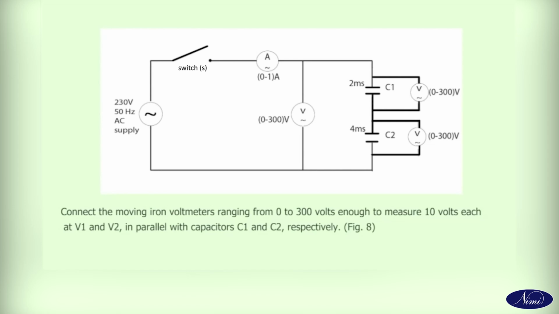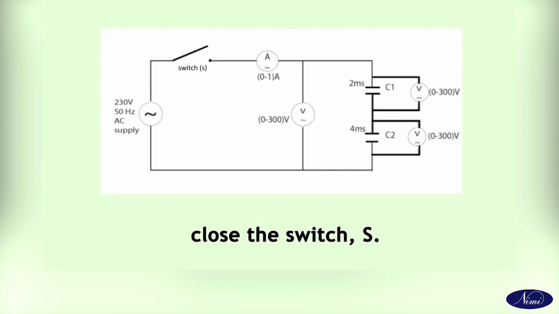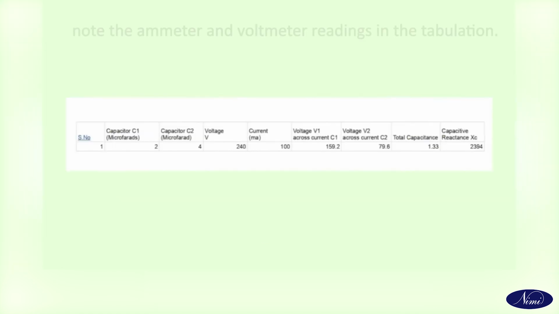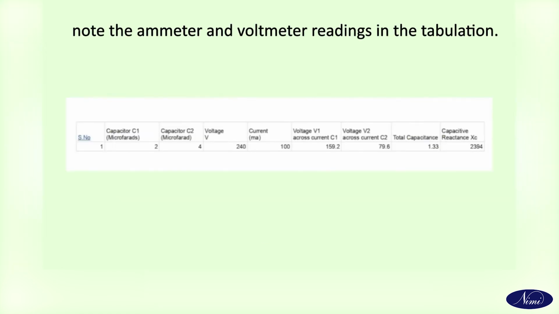Connect voltmeter V across the circuit and voltmeters V1 and V2 across the capacitors C1 and C2 respectively. Close the switch S. Note the ammeter and voltmeter readings in the tabulation.